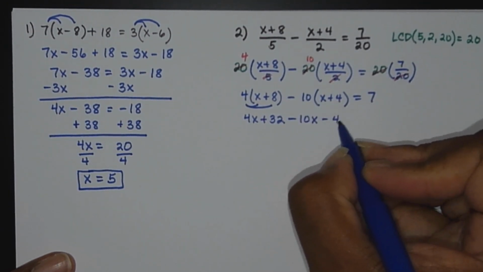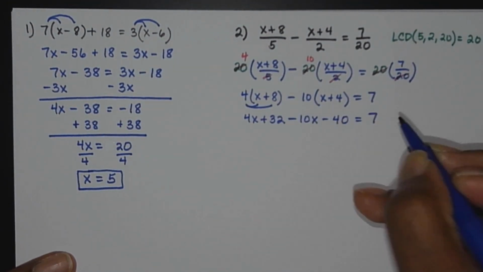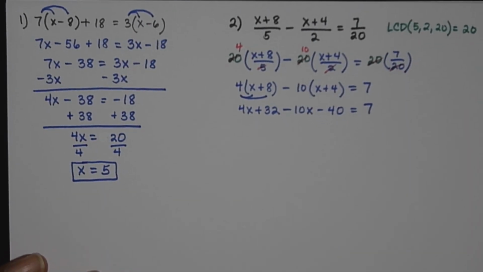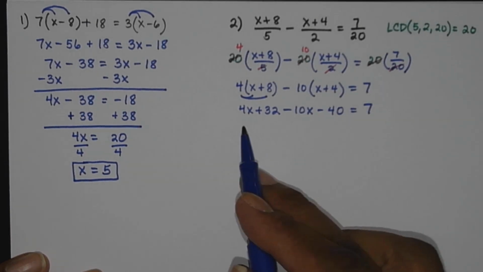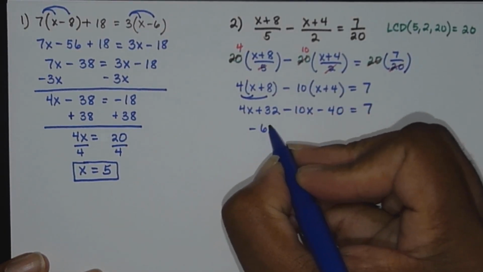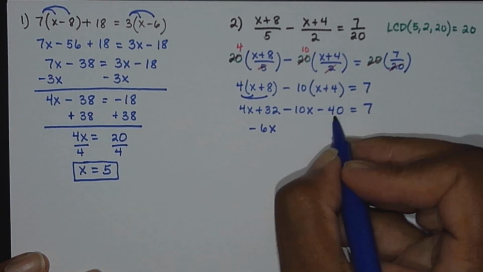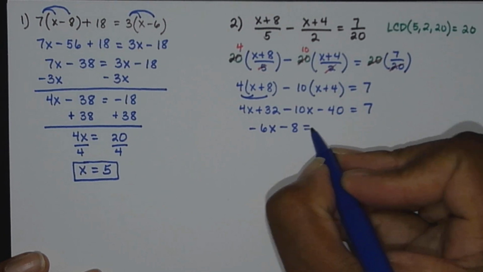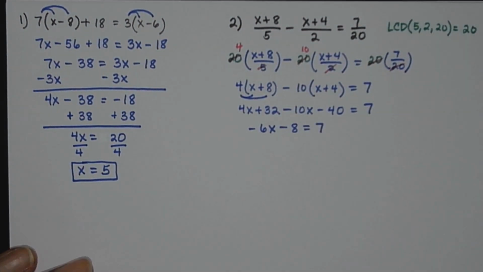Negative 10x and then minus 40. Then that's equal to 7. And now, combining like terms here, 4x minus 10x would be negative 6x. 32 minus 40 would be negative 8 or minus 8. And that's equal to 7.